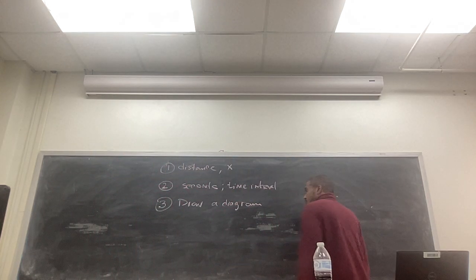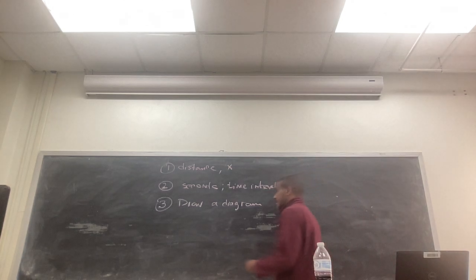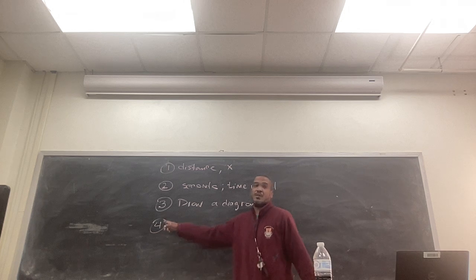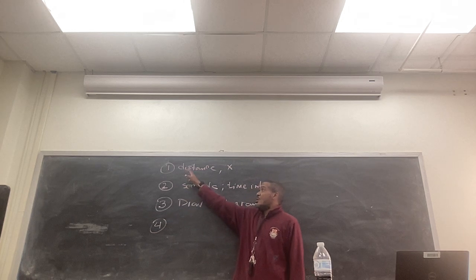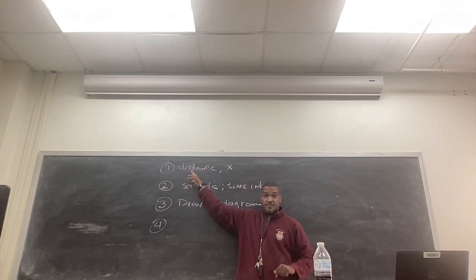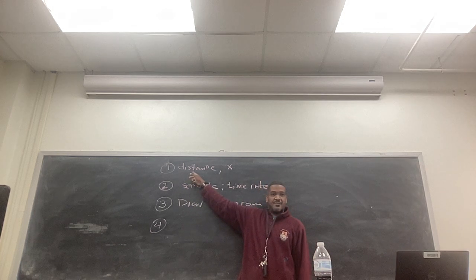So, 4 is givens, all right? What tends to happen is a lot of times we don't even do this step. That's based on my experience. I'm telling y'all, most people don't even do this step.